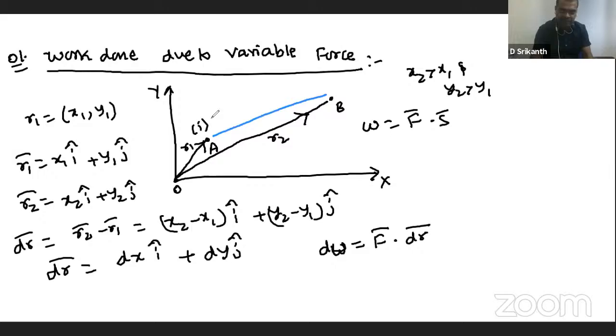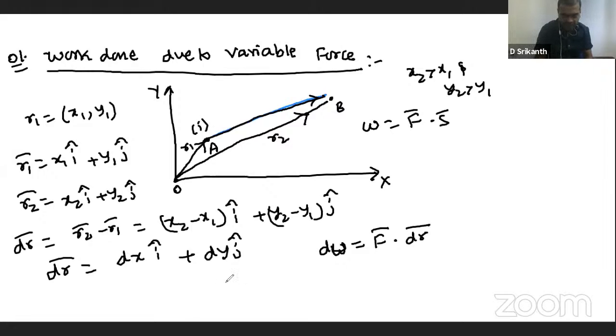By applying a force, the particle changes its position from A to B. A is the initial position and B is the final position.